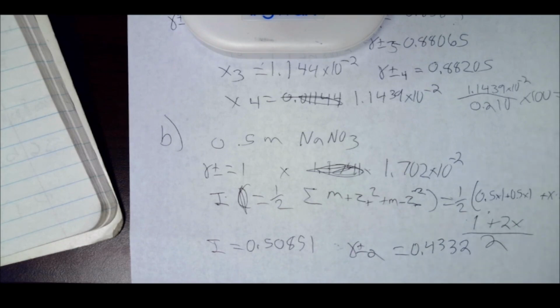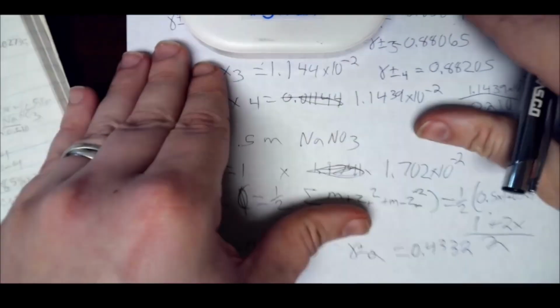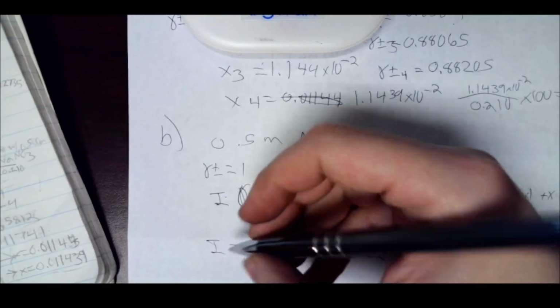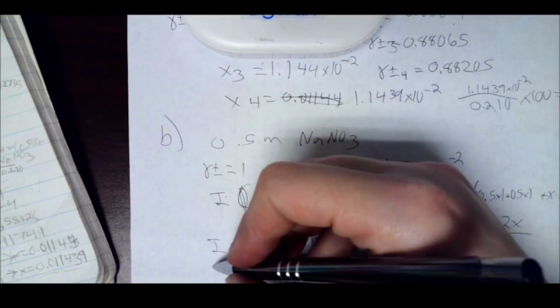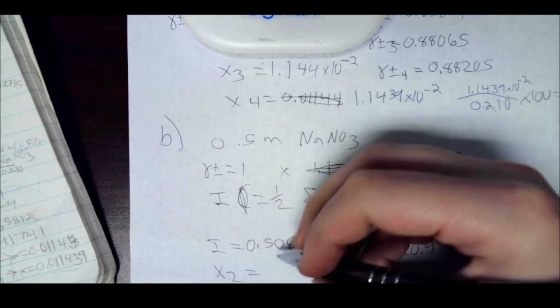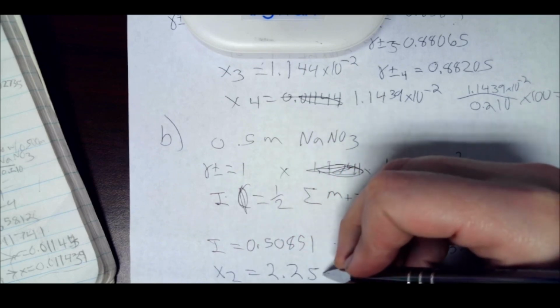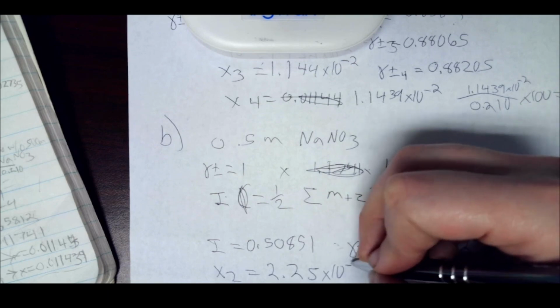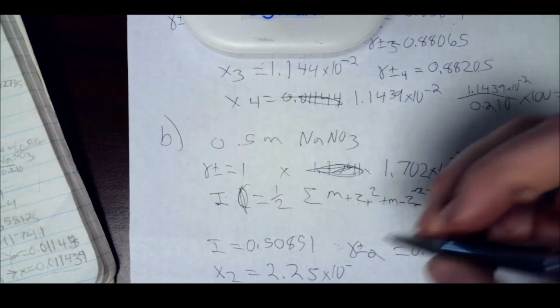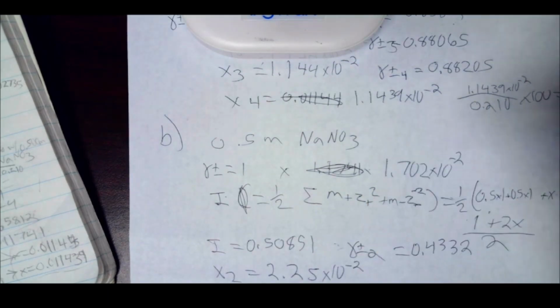And let's try our new quadratic. On my second iteration, my x sub 2 is now 2.25 times 10 to the negative second.